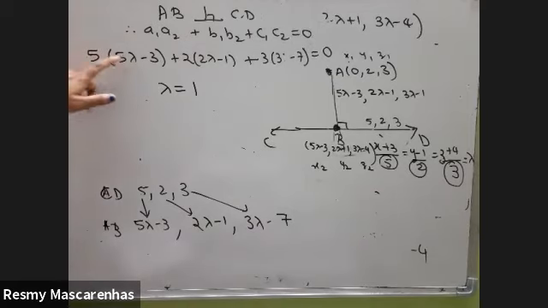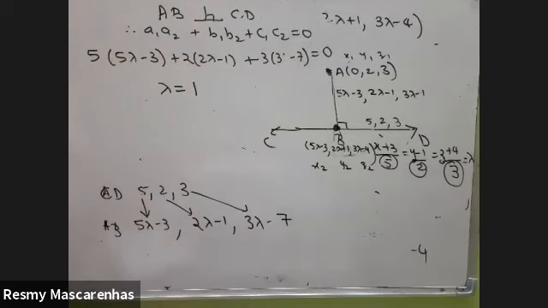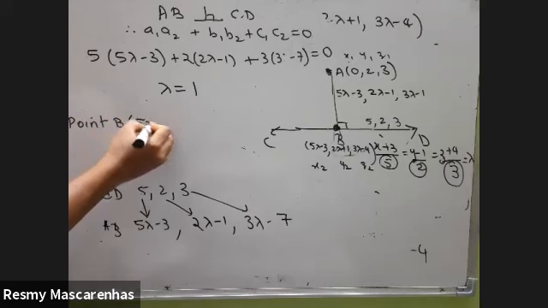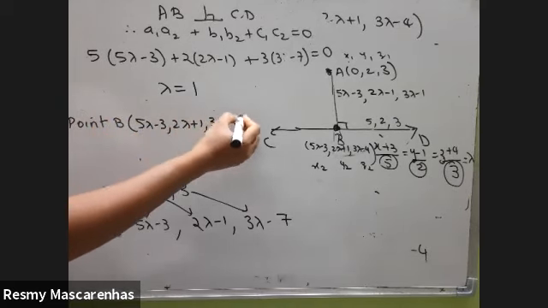Open up the bracket, 15 lambda, then bring all the lambdas together, numbers together, and then calculate. So the moment you get lambda, now you have to substitute and find a point. So now we'll find a point B. What was that arbitrary point B given to you? 5 lambda minus 3, 2 lambda plus 1, 3 lambda minus 4.